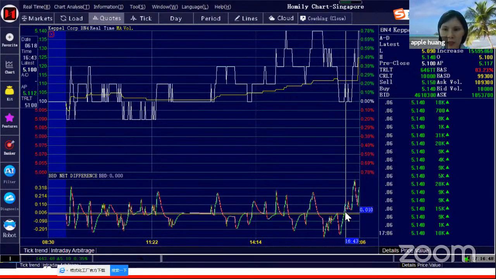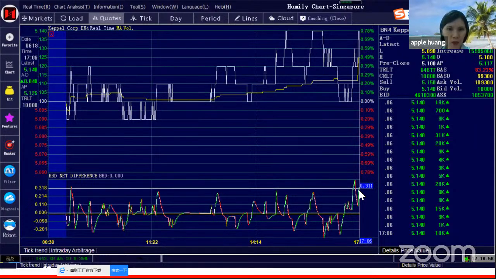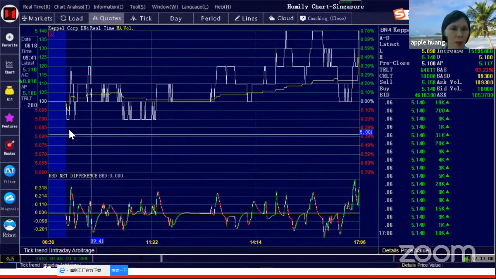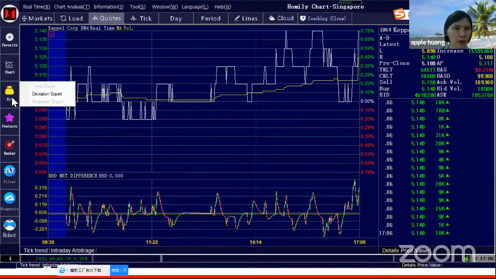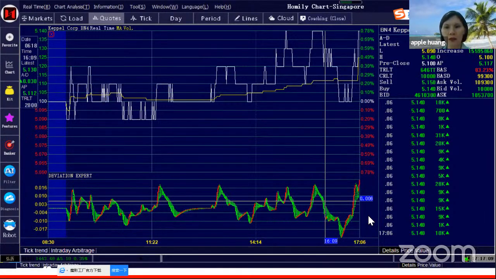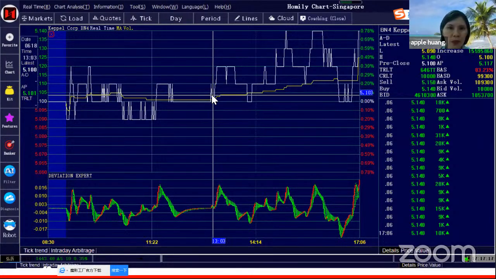From BBD, you see at the last minute it is still very high. The BBD is above zero, quite strong. You can also change to deviation expert, which also shows fund flowing in. So this is Capital Corp.